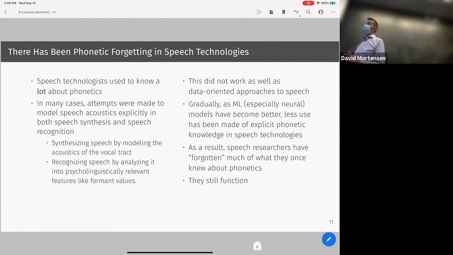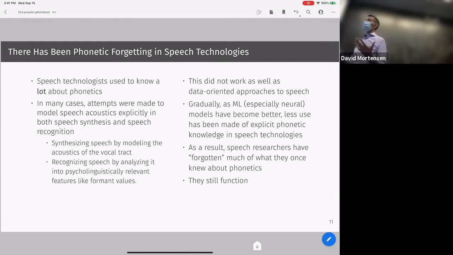And so people have used less phonetics, not no phonetics, but less phonetics in speech technologies. And as a result of this, speech researchers have sort of forgotten a lot of what they once knew about phonetics. So if you look at an older speech textbook, even from the first decade of this millennium, there's a lot of phonetics in it, a big introductory chapter on phonetics.